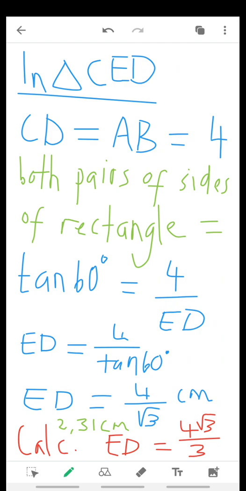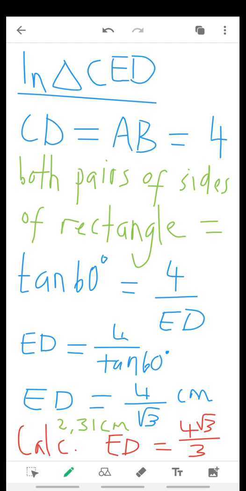First, tell the marker in which triangle you are working. In triangle CED. What do we know there? CD is equal to AB equals 4. Reason: both pairs of sides of a rectangle are equal, and parallel. Now, tan 60 degrees in that right angle triangle equals 4 over ED.